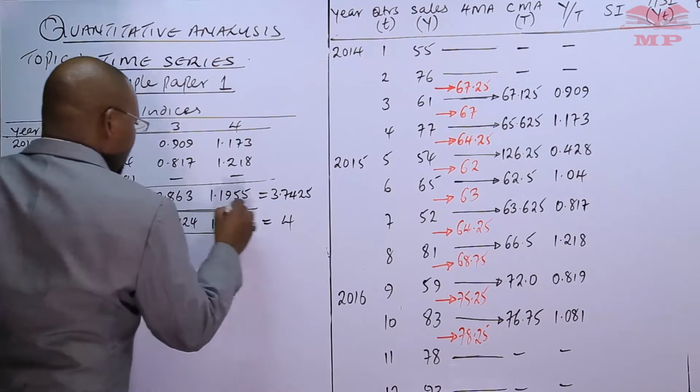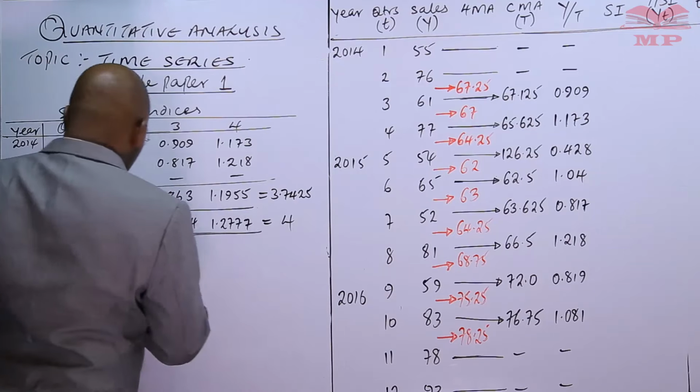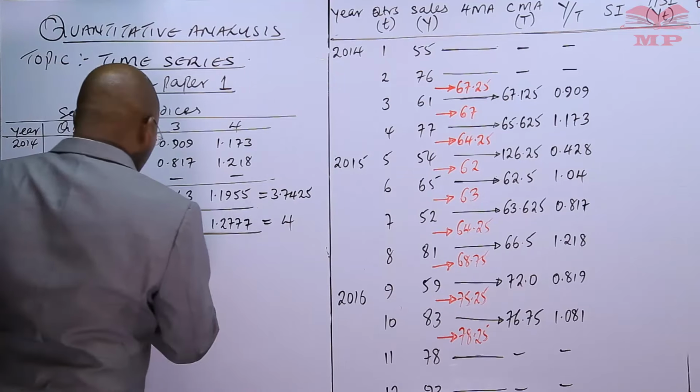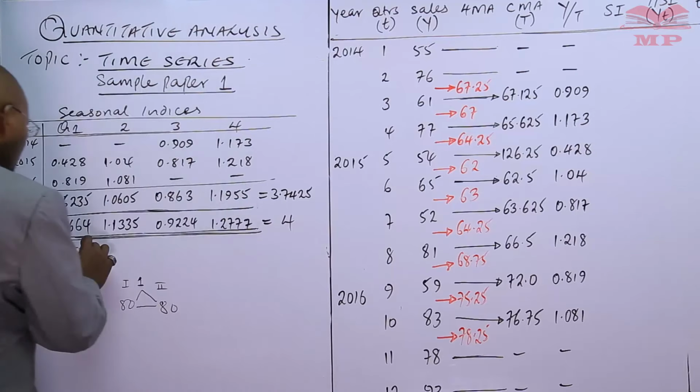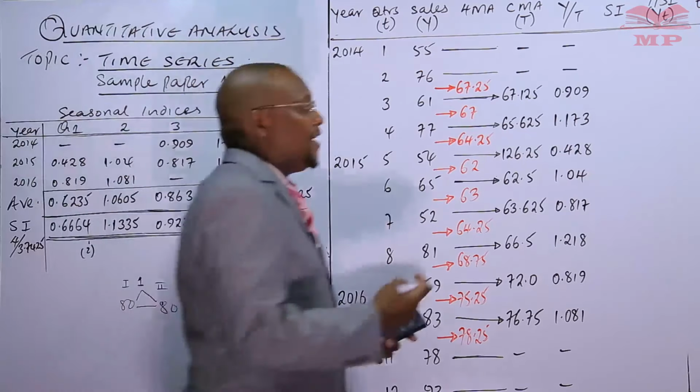Seasonal indices that we can now present. This was the first requirement, Roman 1. So once we have them, we take them here.